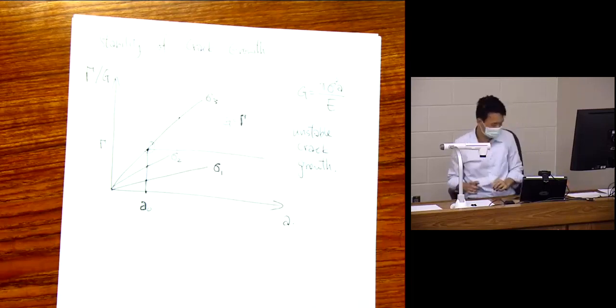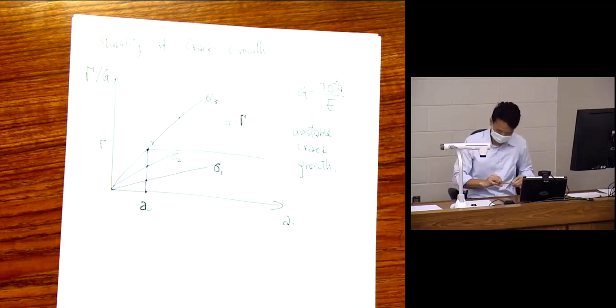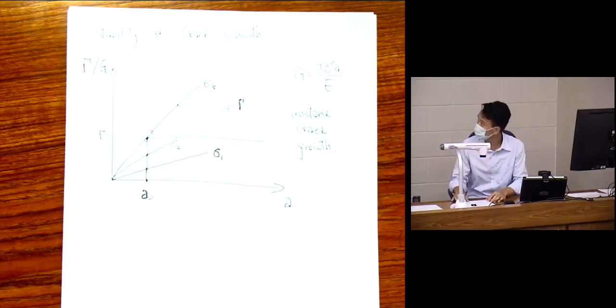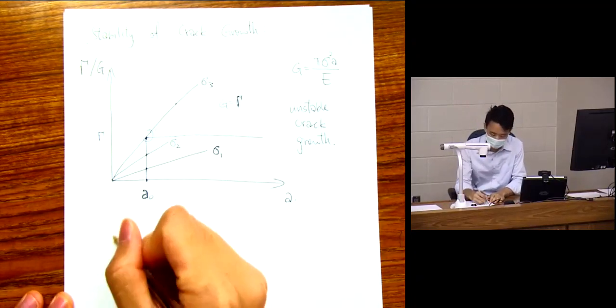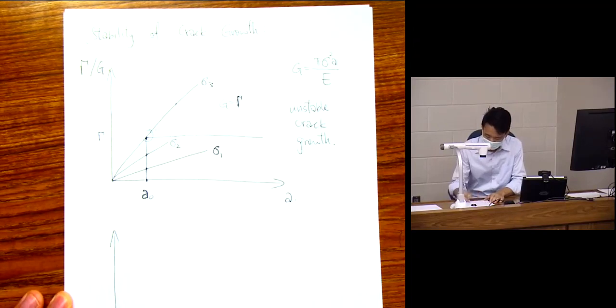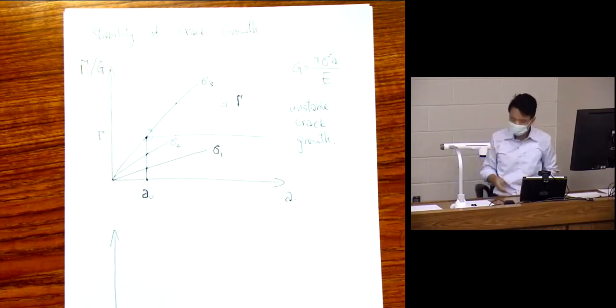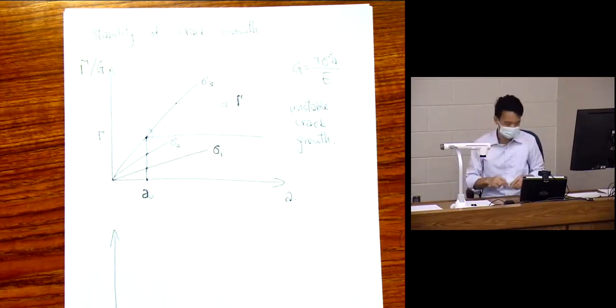Now we want to look at another case, where we have a resistance curve, R-curve behavior. Actually, we're going to look at this next lecture because I'm out of time.